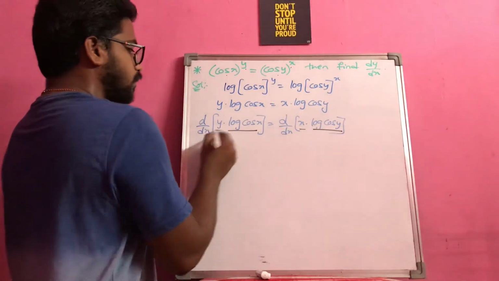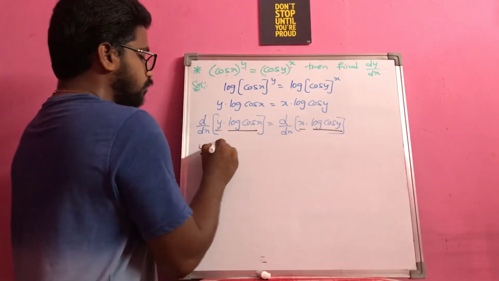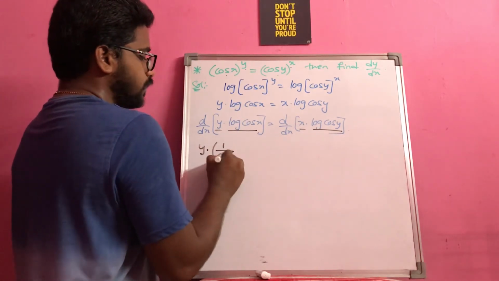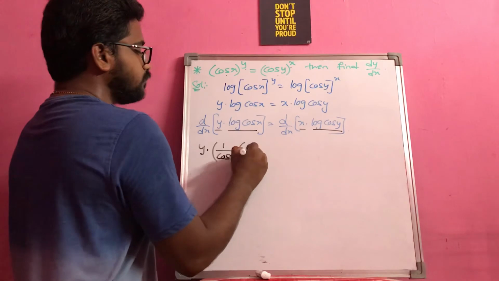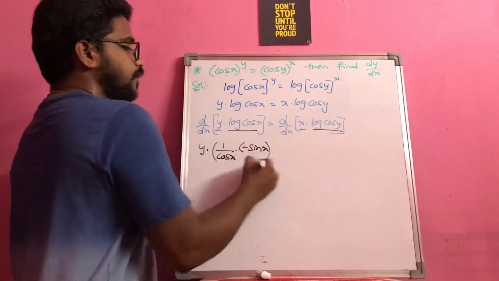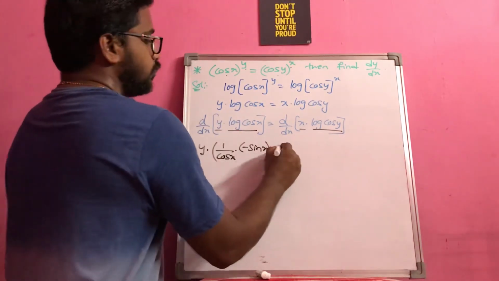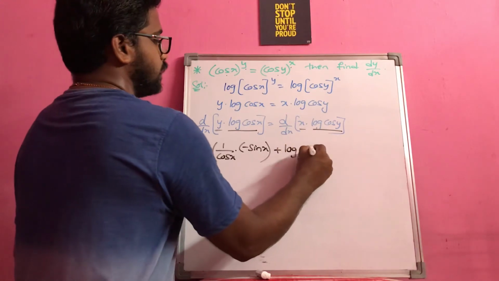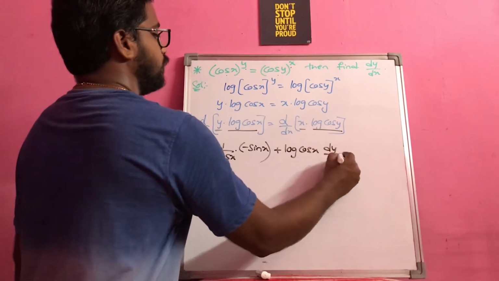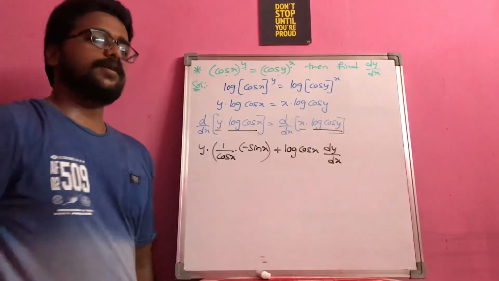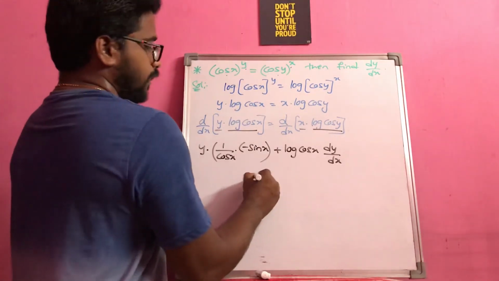Let us apply the product rule. y into log function differentiation is 1 by cos x, inner differentiation will be minus sin x. Next, by keeping log cos x as it is, I will get the differentiation of y as dy by dx.